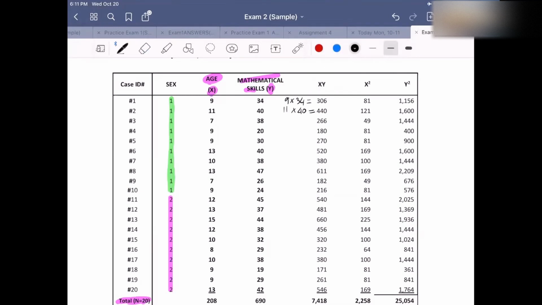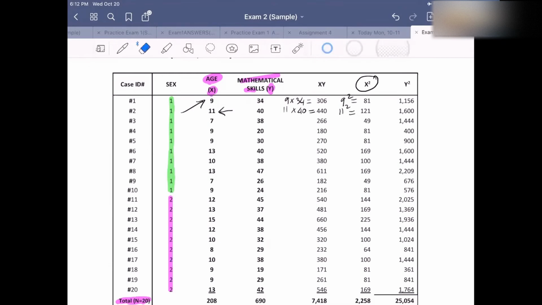And then for the next column, it's the X squared. That means you just take each X value, each age, right? So the first one is 9 squared, which is the age of the first person, and that's how you got 81. For the second one, the age 11 of the second person, you take 11 squared, and that's how you got 121, and so on, okay?